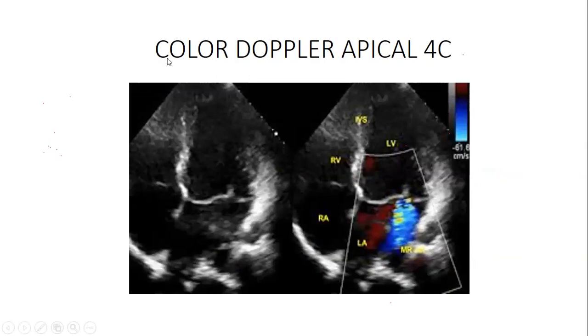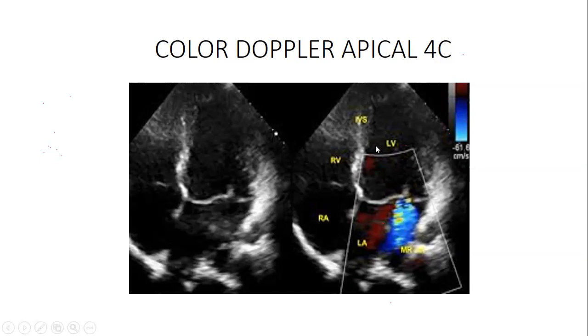Again, I'm now applying color in the apical four chamber. What I'm trying to assess here is just for you to understand how blood is moving physiologically. Here, I deliberately picked this one to demonstrate regurgitation. Don't worry about regurgitation and everything.